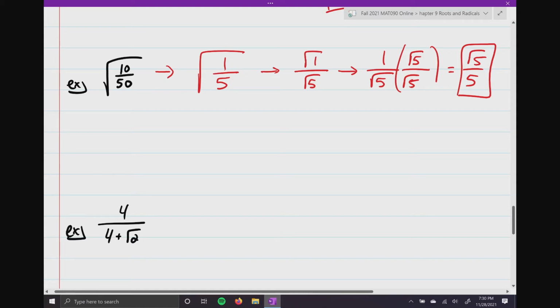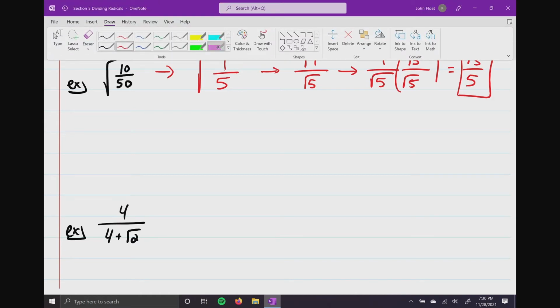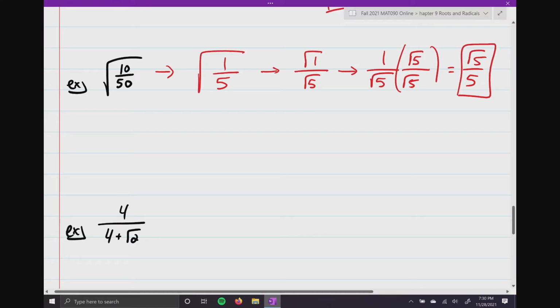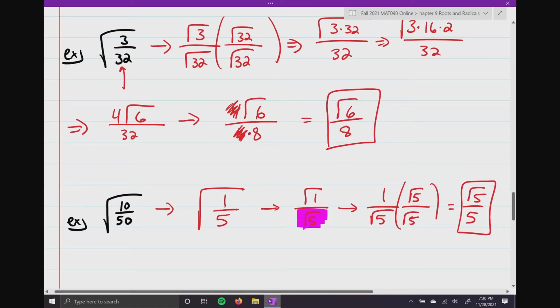Now, I said this is the last example of this type. Because if you notice, and I'm going to highlight it here for us, in this nice purple color I like. If you notice, every single example we did, we ended up having one radical in the denominator. So that's right there. Boy, that purple is really bad.